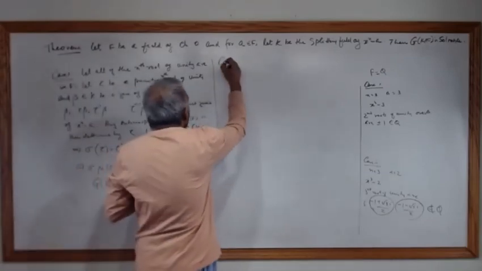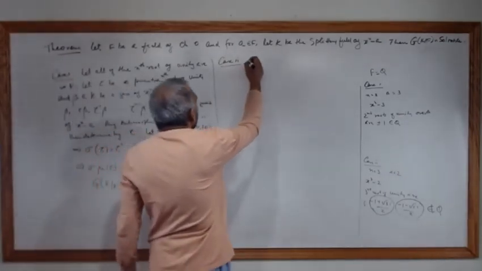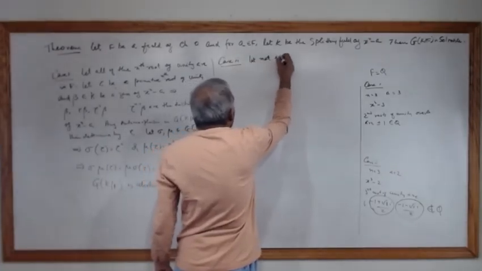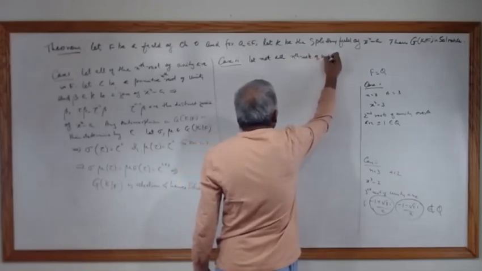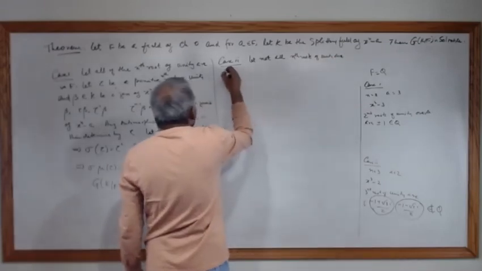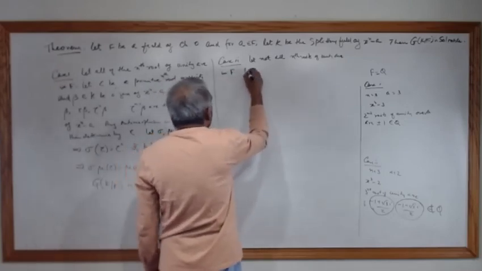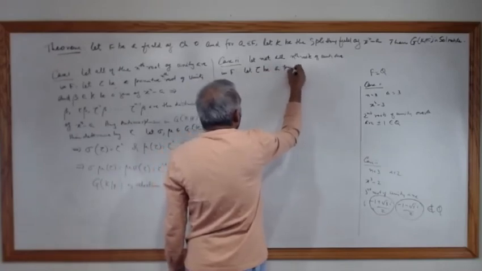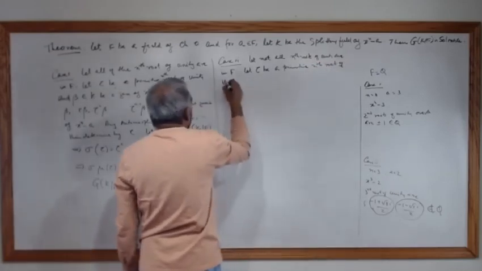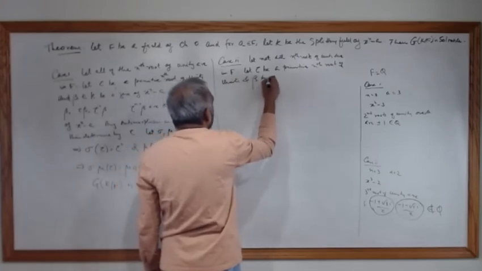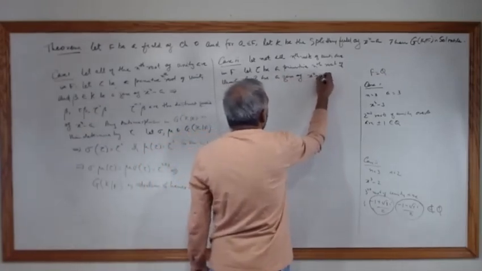Case 2. Let not all nth roots of unity be in F. Similarly, here let zeta be a primitive nth root of unity and beta be a zero of x to the power of n minus a.